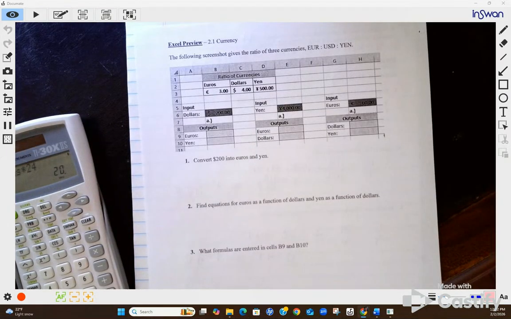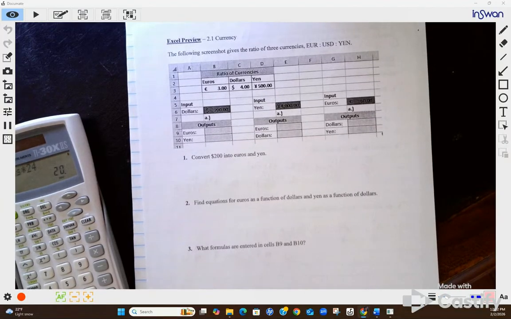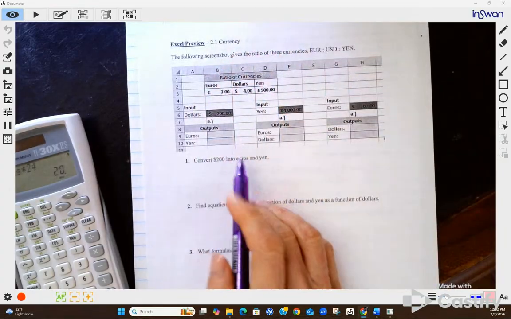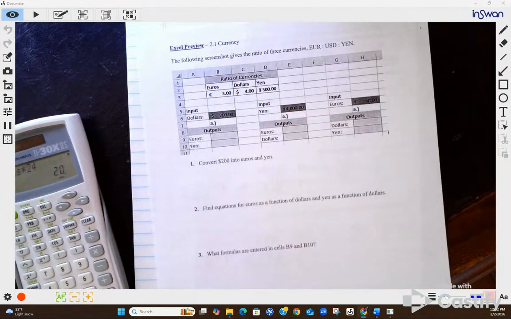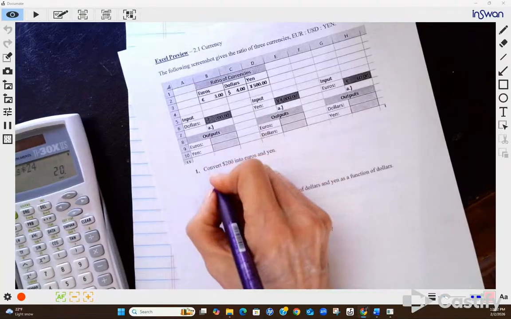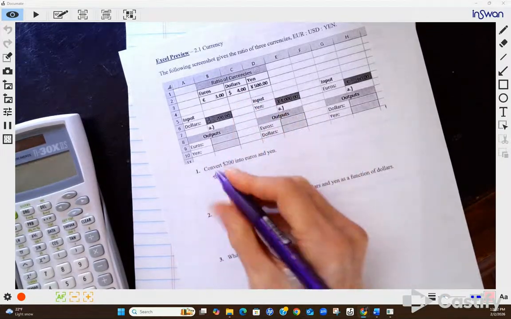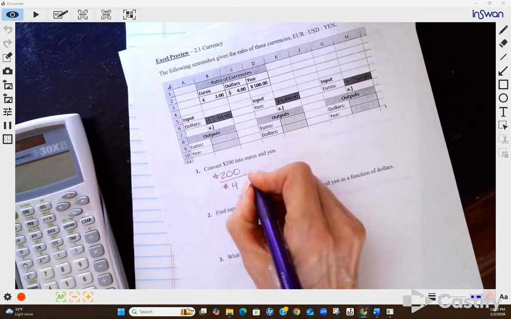This is a conversion table, euros to dollars to yen. So convert $200 into euros and yen. So here's the conversions, and then I have the $200. So you're setting up a proportion. So if I do $200, then I want to come up here from the conversion and set it over $4.